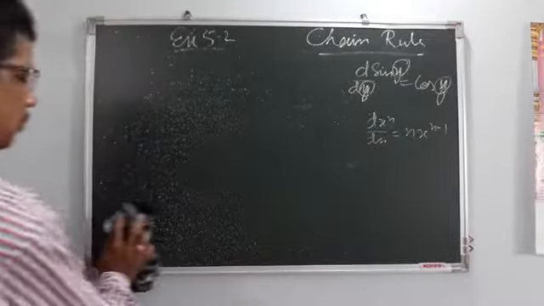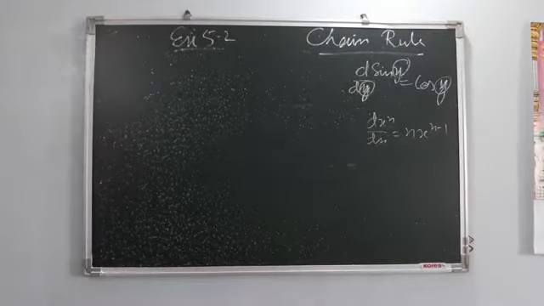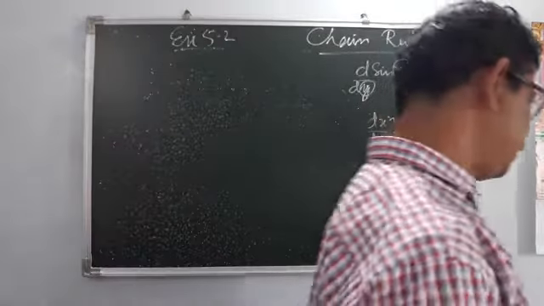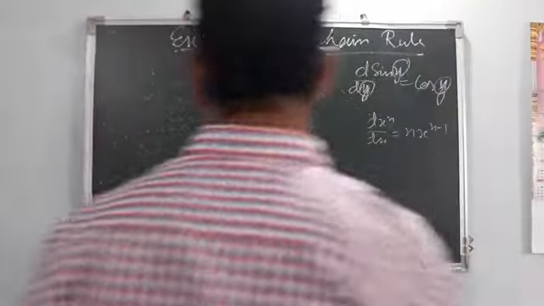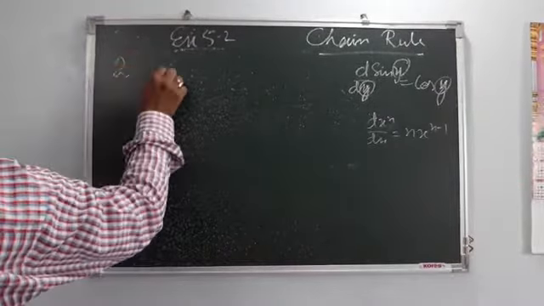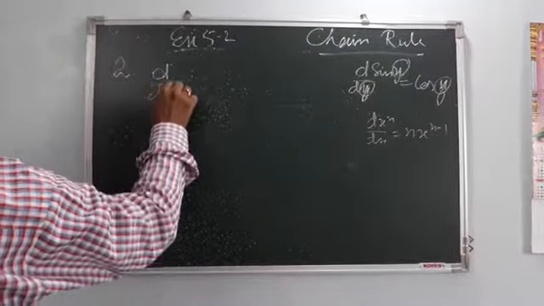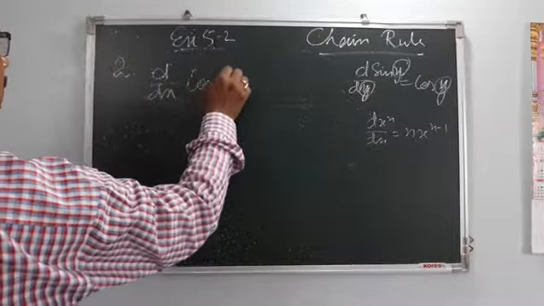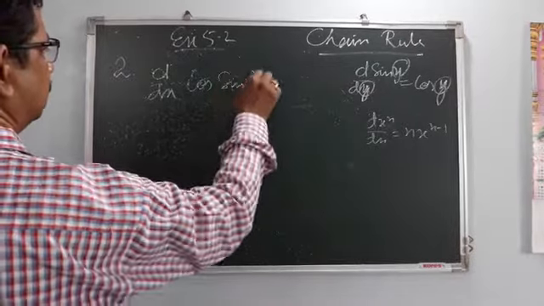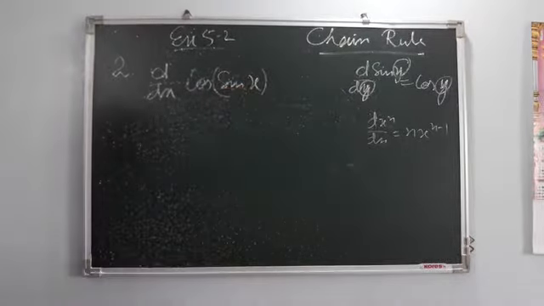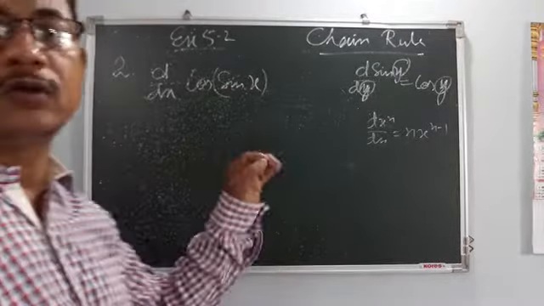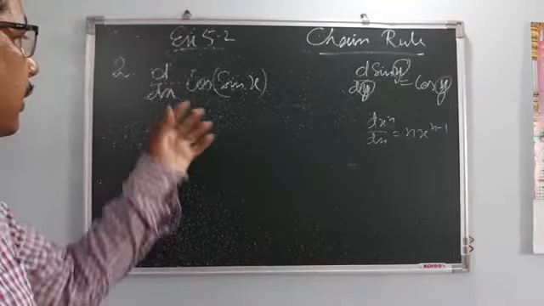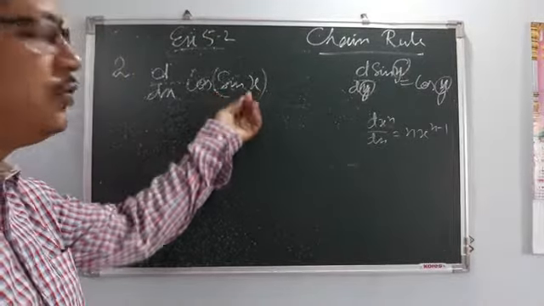Now I am going to do our next sum. Next sum of this exercise is differentiation d dx of cos sin x. See here, cos theta, cos x, cos y. But in place of the angle, it is given what?